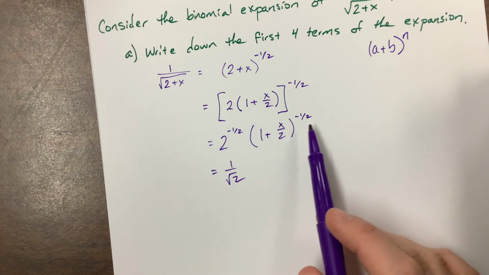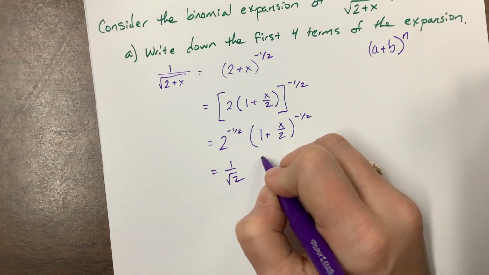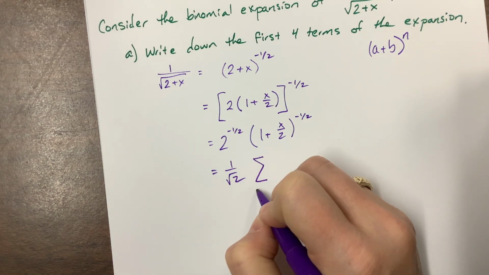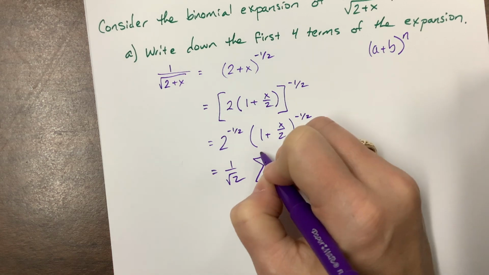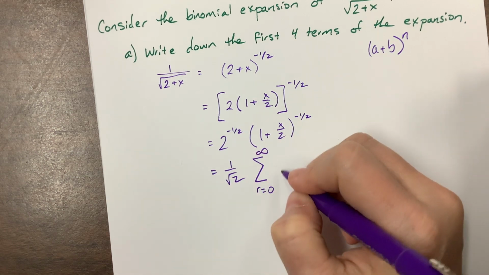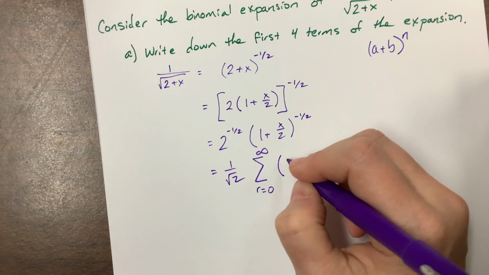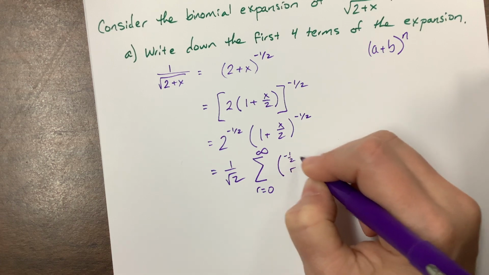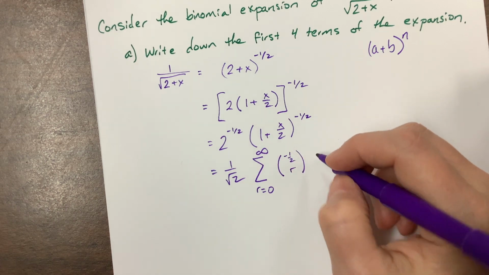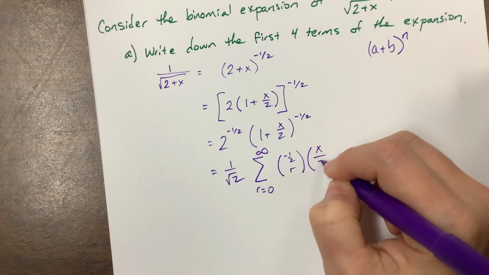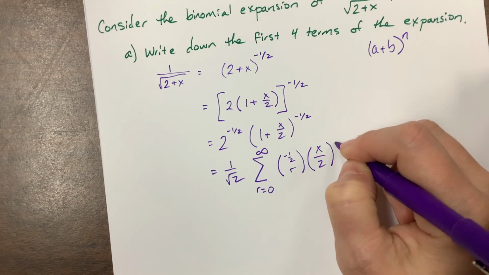And then this part right here can be written as the sum as r goes from 0 to infinity of the combination n choose r times x over 2 to the r power.